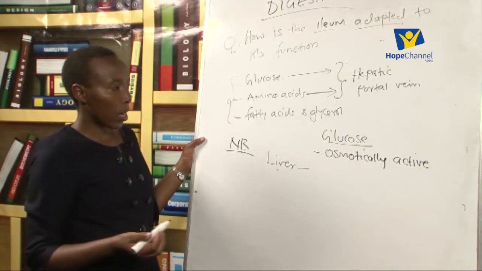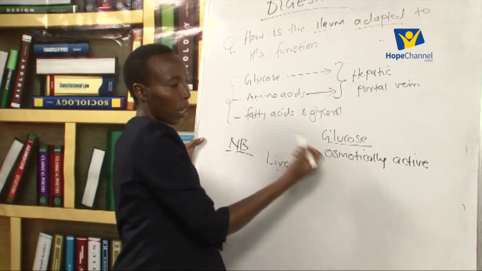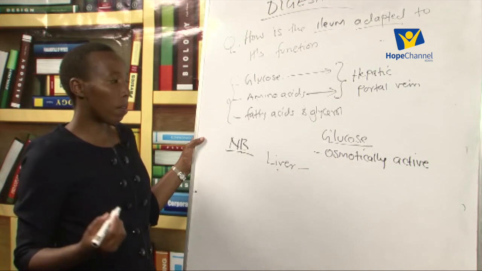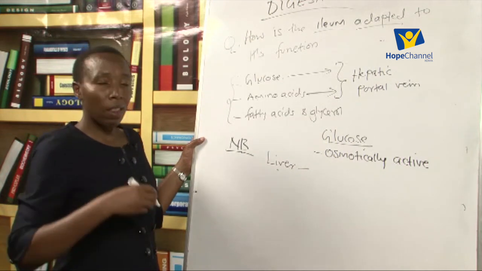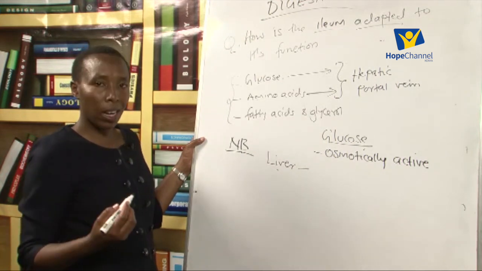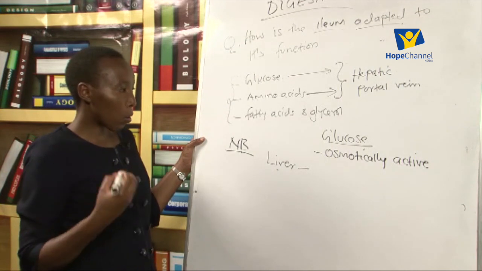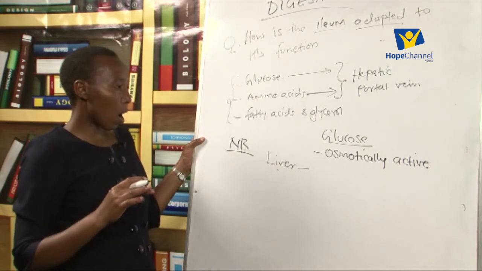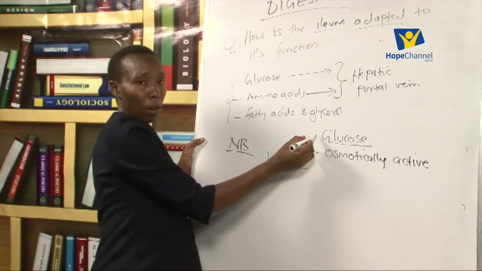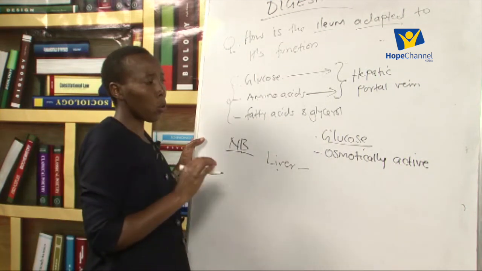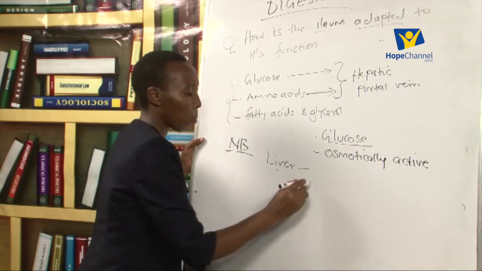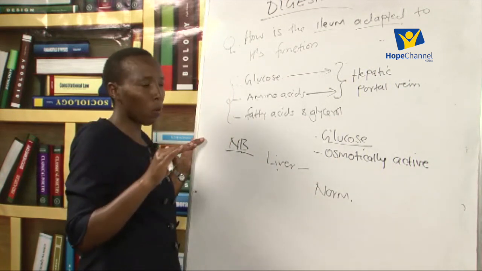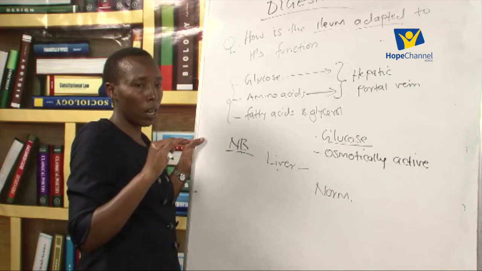So we are saying that because glucose is osmotically active, it increases the osmotic pressure within the blood fluid or within the body fluids, such as blood and the tissue fluid. And because of that, there is a normal level of glucose we are supposed to have in the blood system. So there is the norm. The normal amount of glucose that is required in the body system.